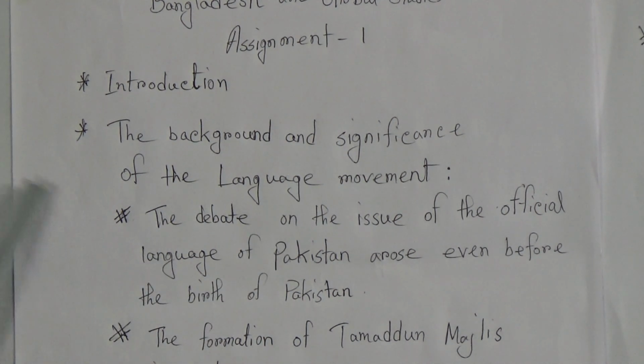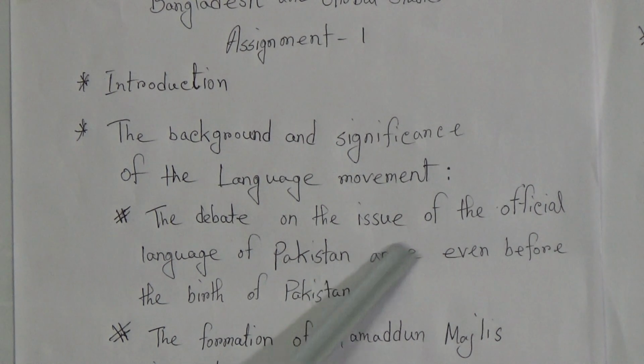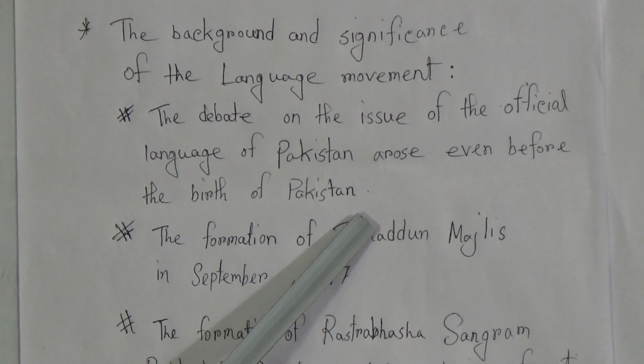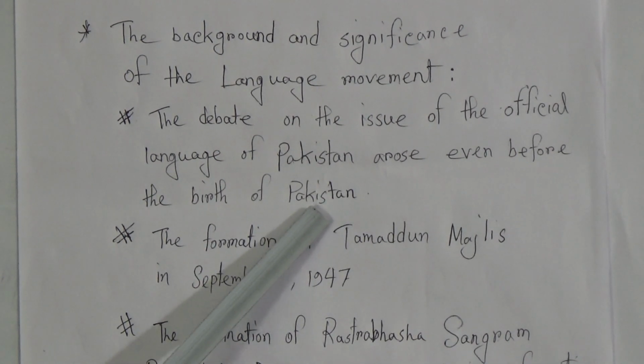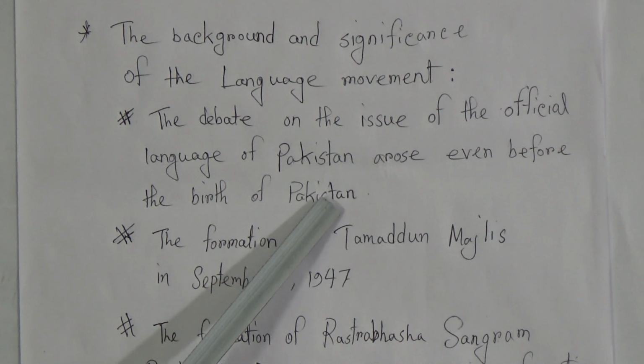The background and significance of the language movement, you can include the following points. First you can say that the debate on the issue of the official language of Pakistan arose even before the birth of Pakistan. So this issue is even before the creation of Pakistan.